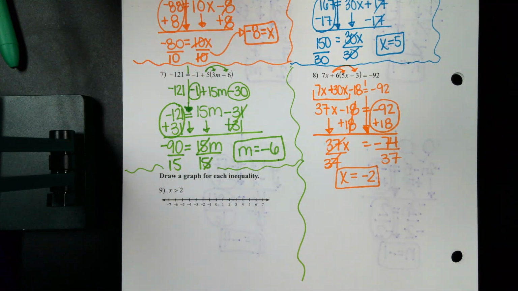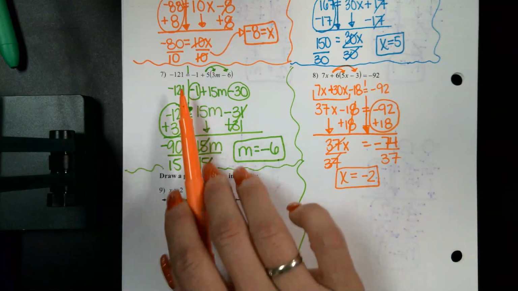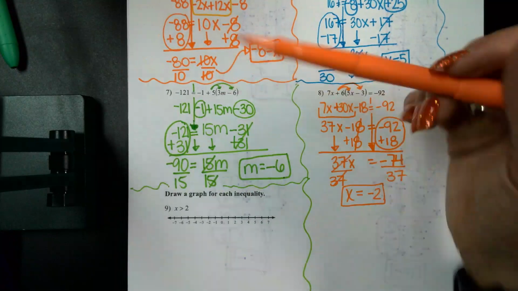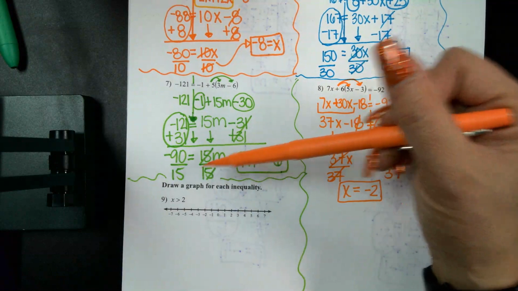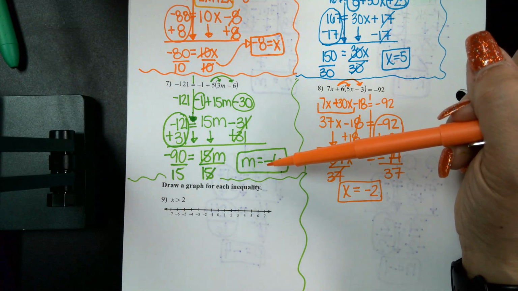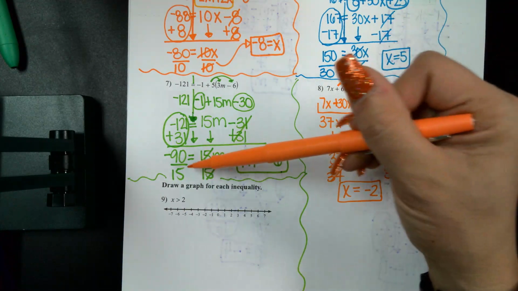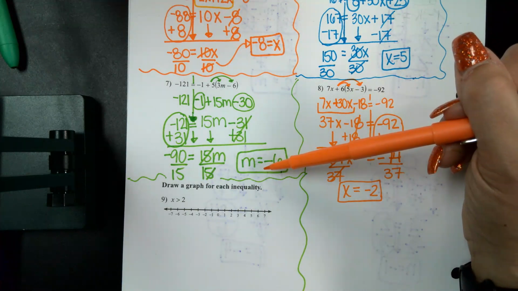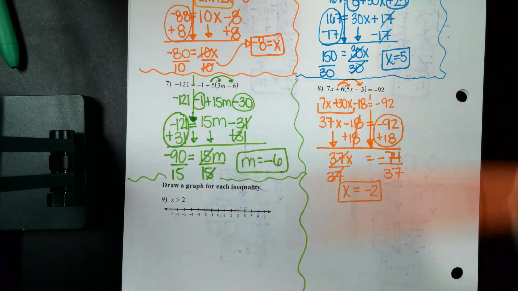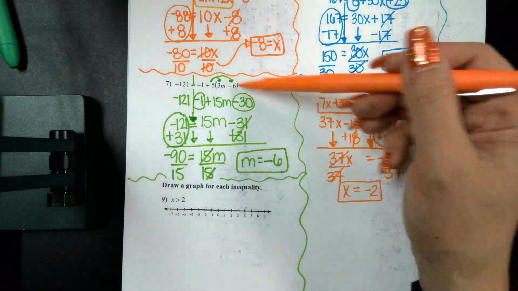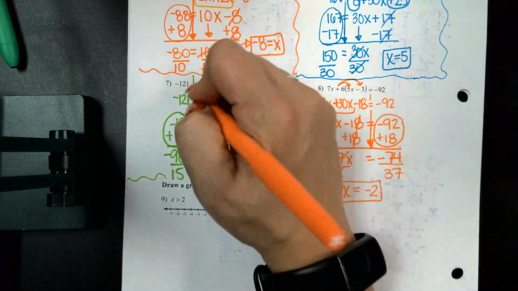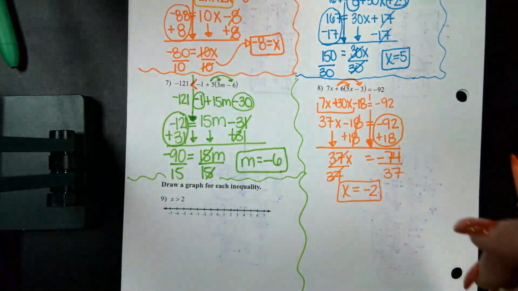I don't really know why number 9's on there. It's an inequality. I assume the reason they threw that on there is because eventually, with these problems that we were just solving, remember how I just said that at the end, if you take this answer and flip it around, it's not a big deal because an equal sign flipped around is still an equal sign. Eventually, you guys are going to have a problem just like this, but instead of an equal sign, it might be a less than symbol.